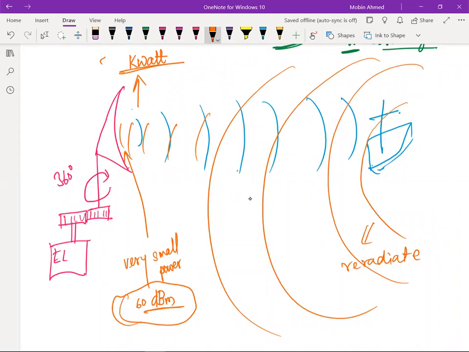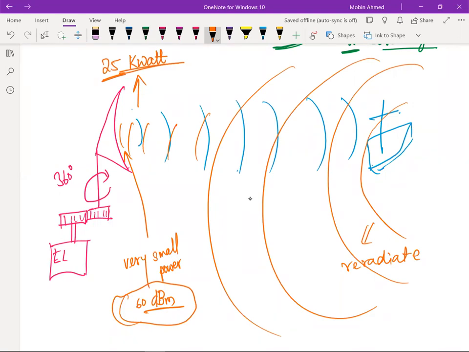When we transmit, it is in megawatts or kilowatts, like 25 kilowatt, 30 kilowatt. For an X-band radar, 25 kilowatt. But when it receives, after covering this distance, a very small power comes, and it is in the milliwatt.